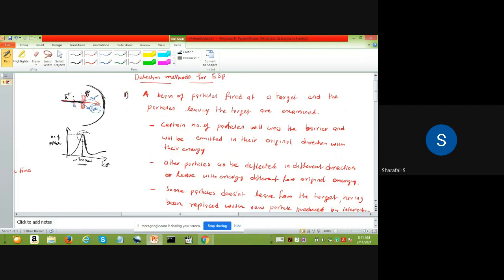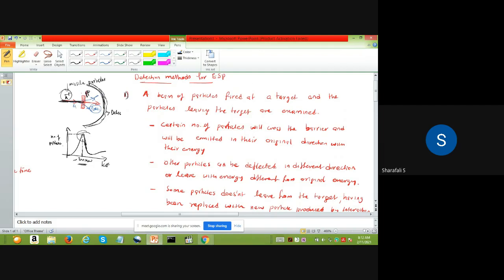So he fired these pi plus particles. These are the missile particles, which are fired at this target material. He used pions as missile particles and protons as the target, and he observed what is coming out. He observed from this detector. So how many pions are coming out?